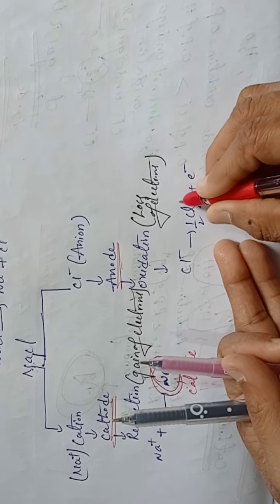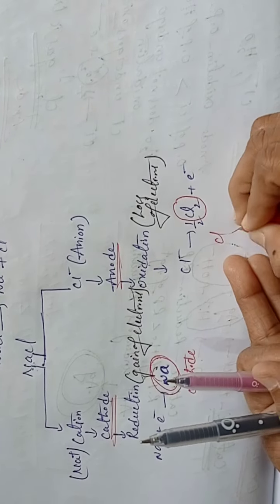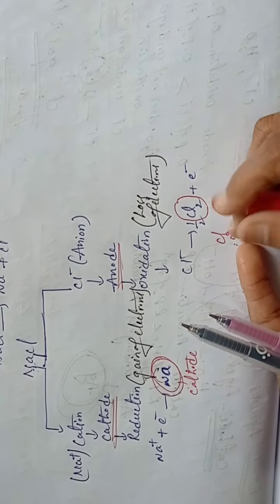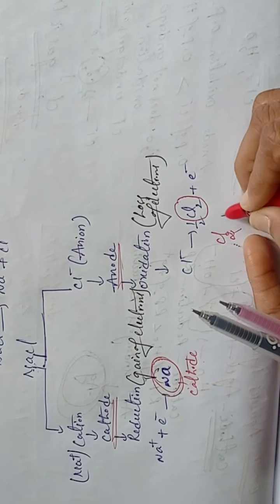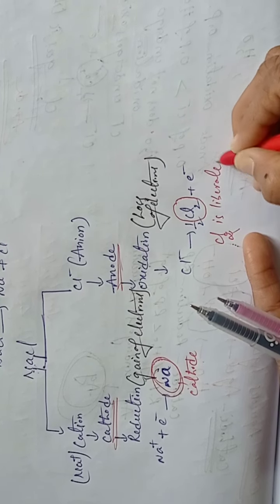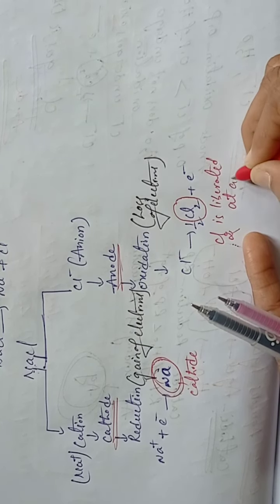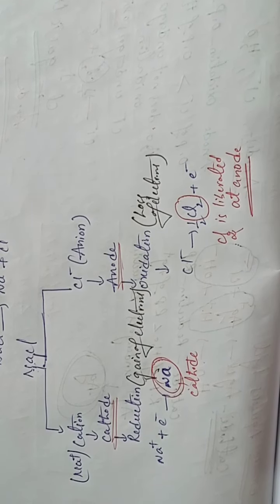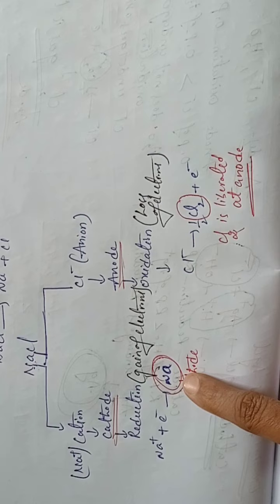Chlorine, Cl2, is liberated at the anode. So at the anode chlorine gas is liberated, and at the cathode sodium is liberated.